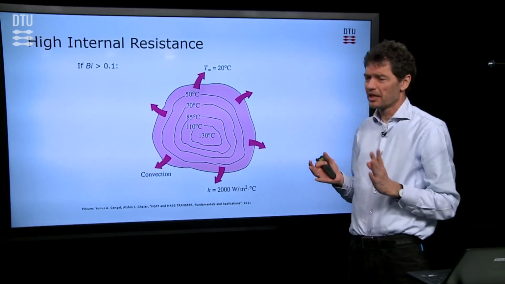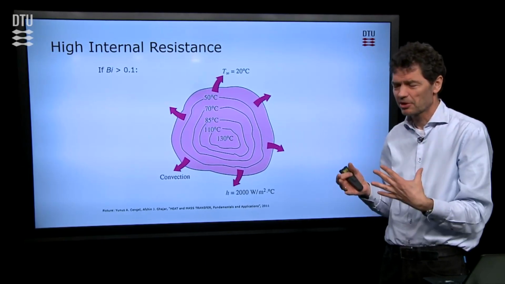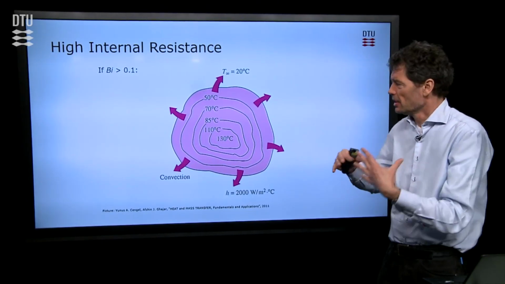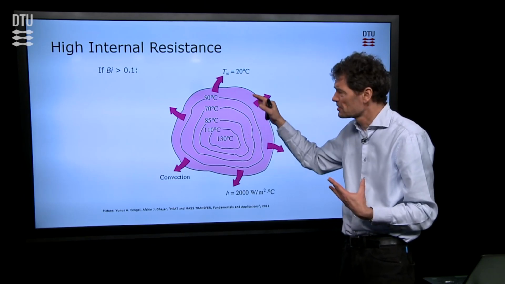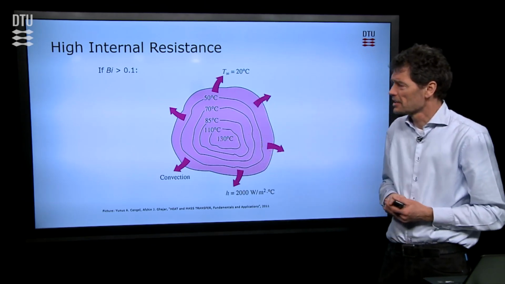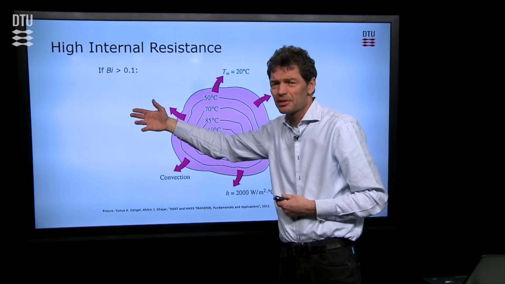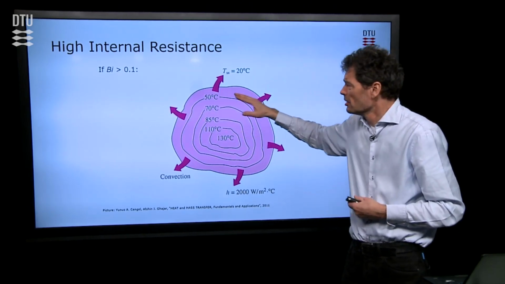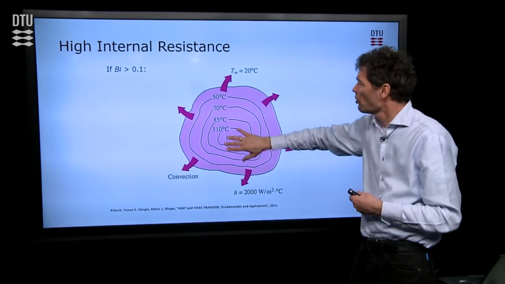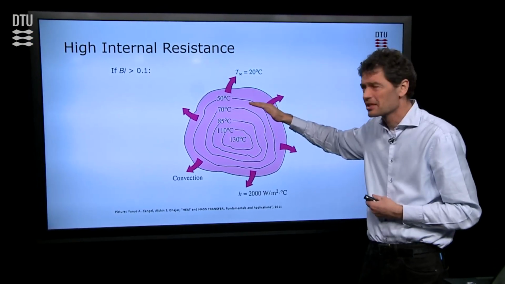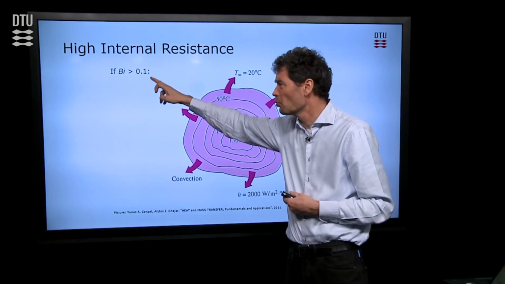Now, I'm talking today about lumped analysis, and that means we look at a lump, and the theory I'm going to talk about is one where we are interested to know if there are temperature differences within the material. And it is such that the Biot number I just presented tells us if we can consider all temperatures within the material to be uniform, the same, or if they are different, as we see in this example, because here the Biot number is bigger than 0.1.